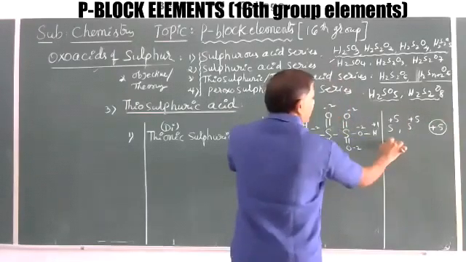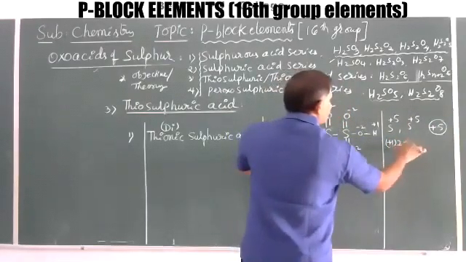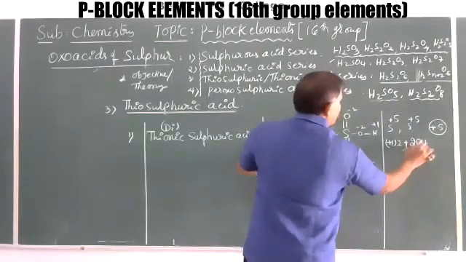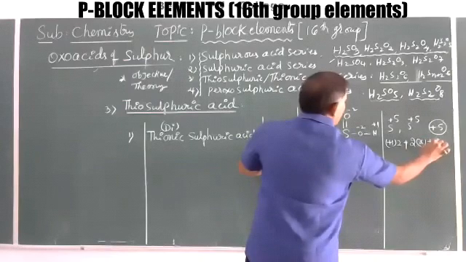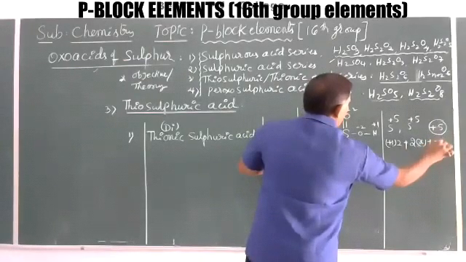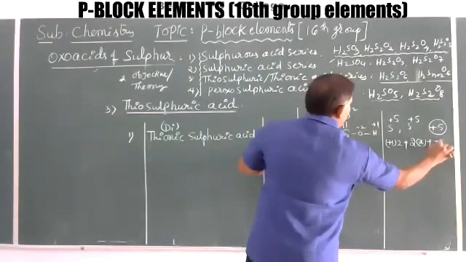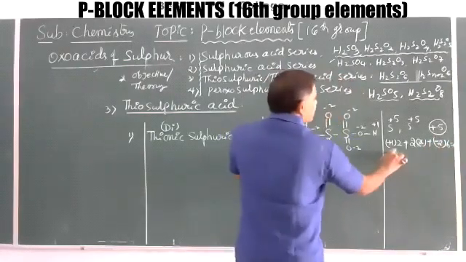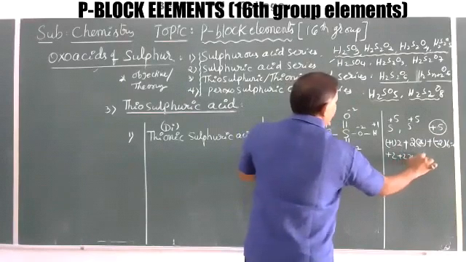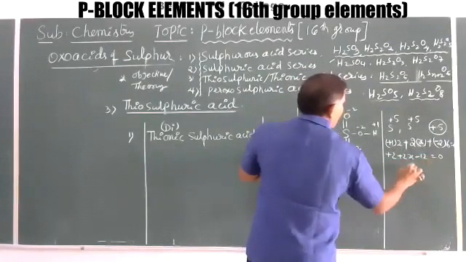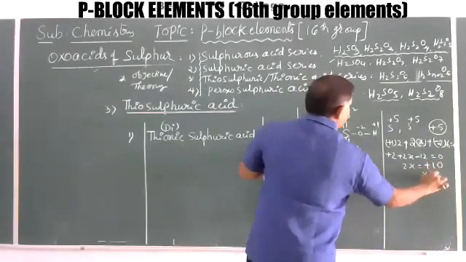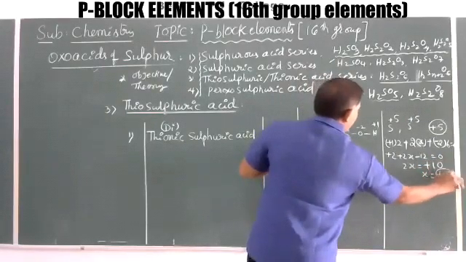We can calculate it like this: +1 into 2, plus 2 sulfur atoms, we can take as x, plus a total of 6 oxygen atoms, -2 into 6, equal to 0. That is +2 plus 2x minus 12 equals 0. Now 2x equals +10, so x equals +5, that is the average.